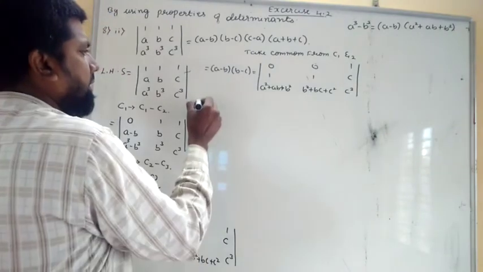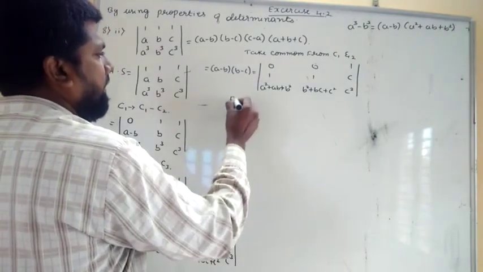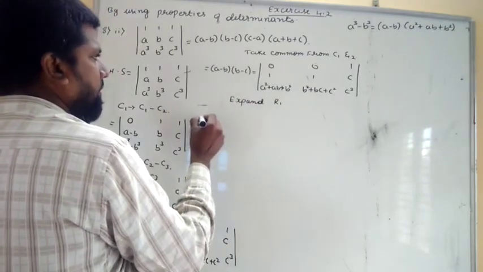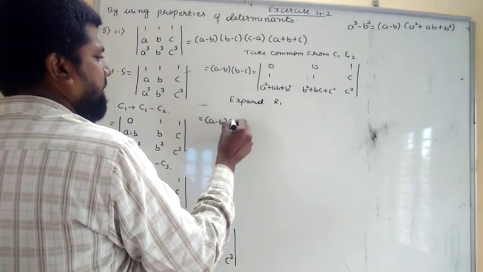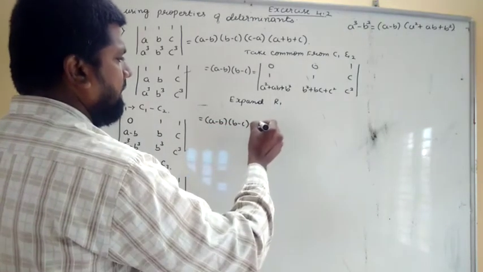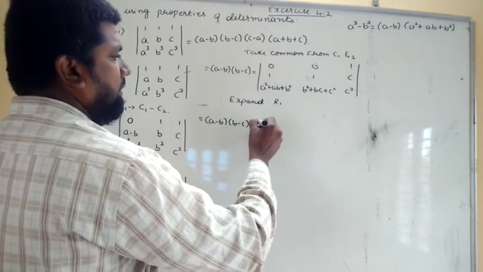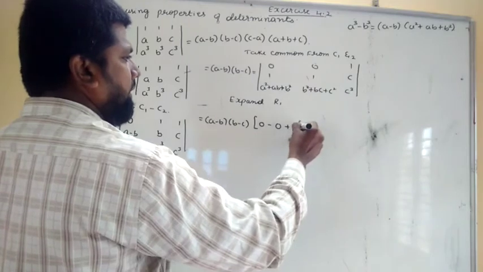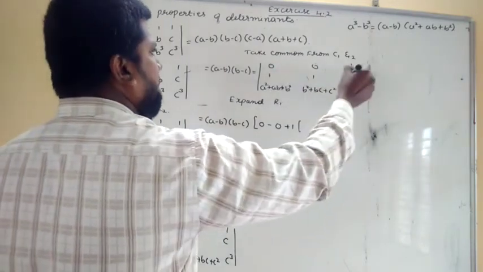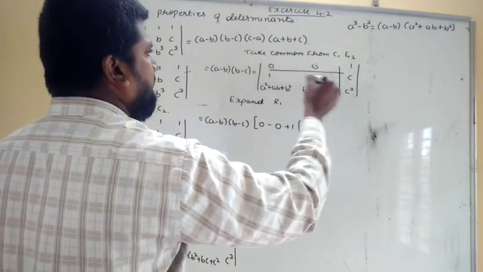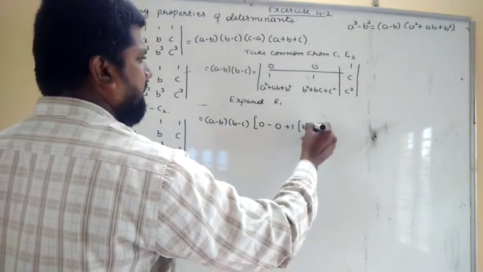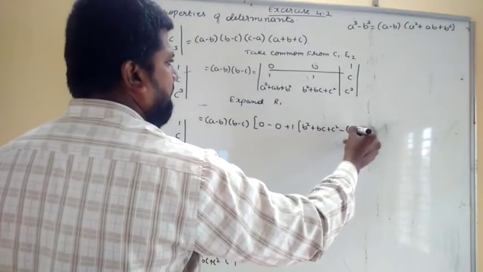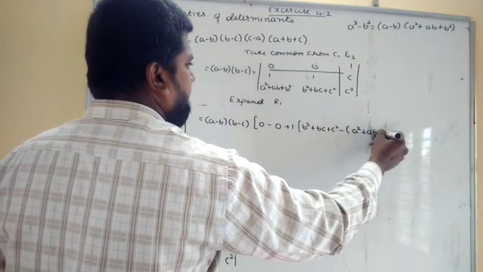If you expand row 1, A minus B, B minus C, then 0 minus 0, then plus 1 into, so you have to leave this one. So this into this means B square plus BC plus C square minus of A square plus AB plus B square.